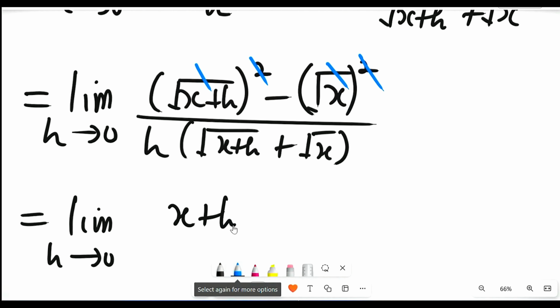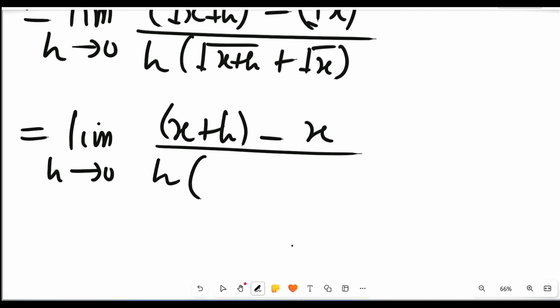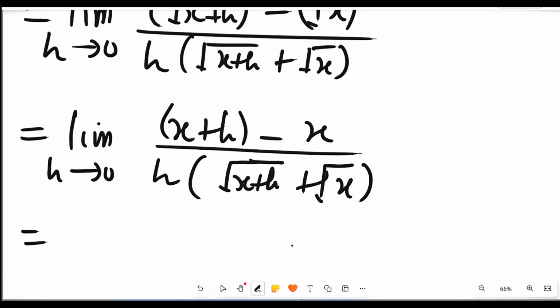So we'll be left with x plus h minus x, all divided by h multiplying square root of x plus h plus square root of x. Alright, so when you look at the numerator, we have x minus x, so that will give us 0. So we will be left with h being the numerator of the fraction.